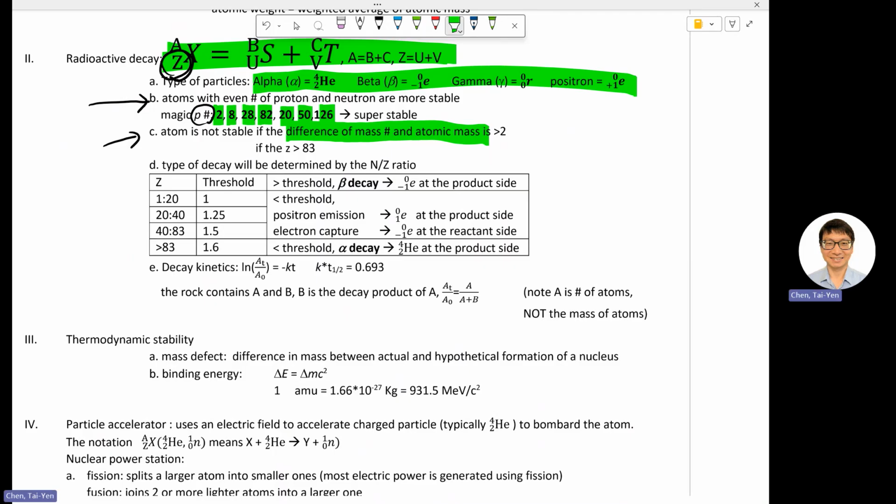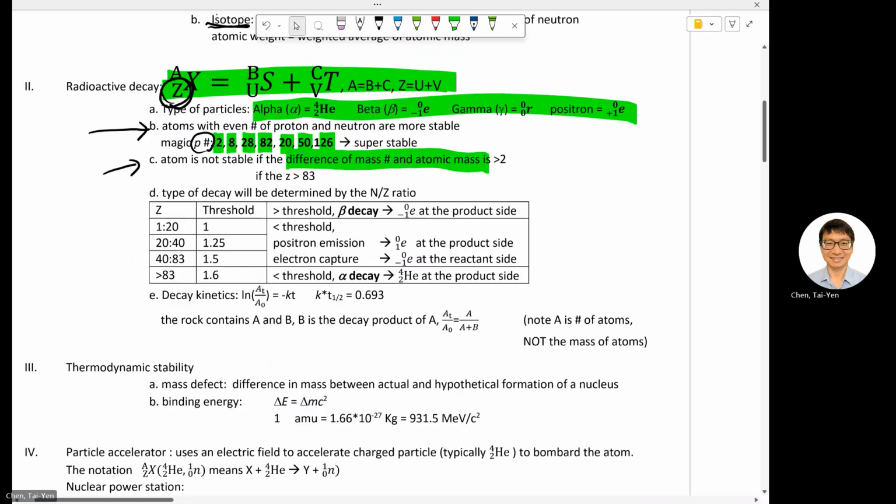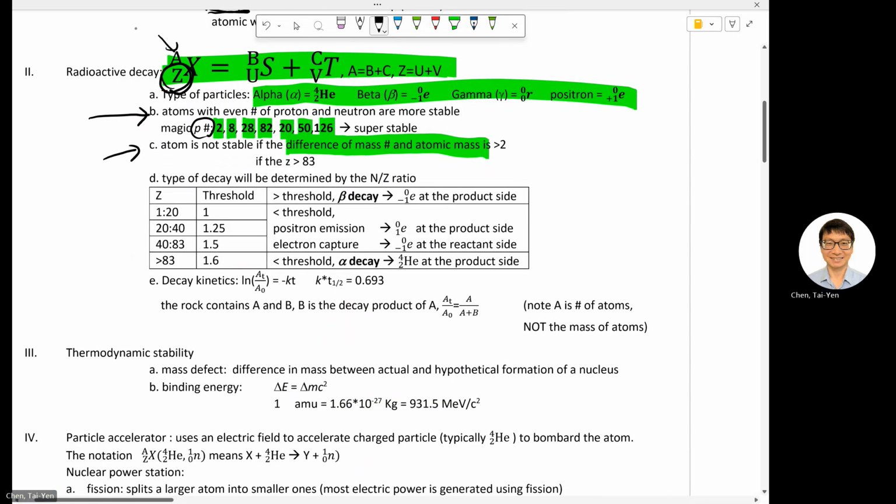What's the difference? The mass number is whatever is labeled on the atomic symbol. Where did you get your atomic mass?